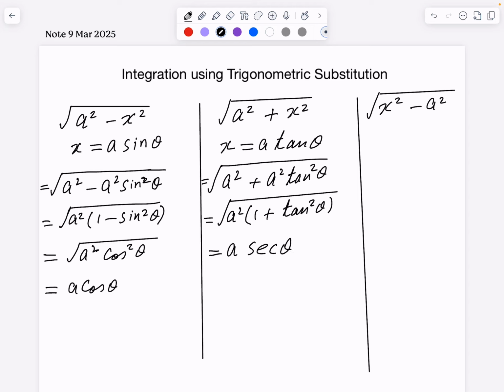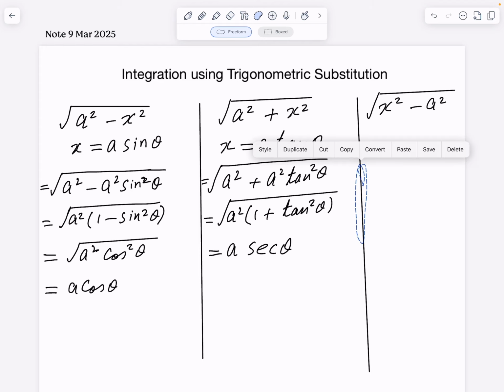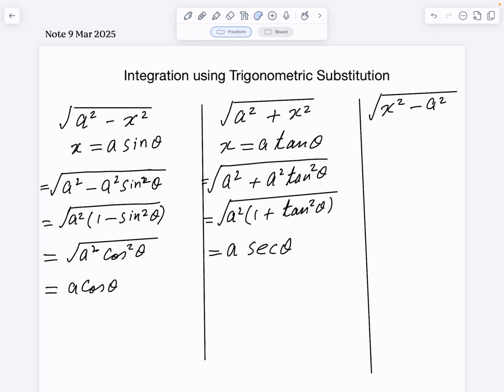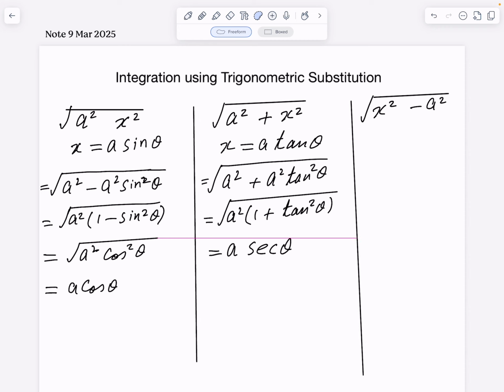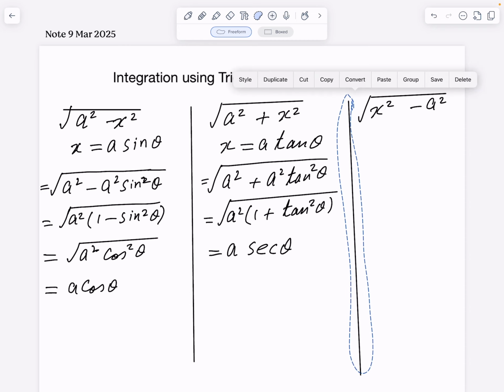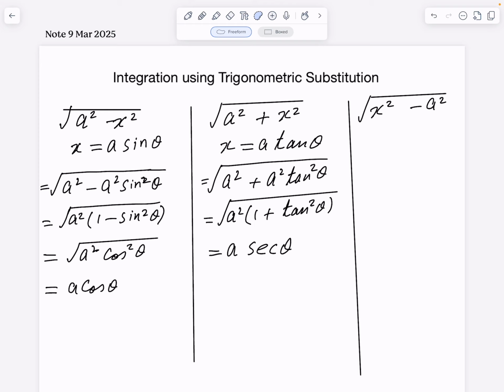And now the third one is x squared minus a squared under the square root, and in this case, we're going to have x being equal to a secant theta.